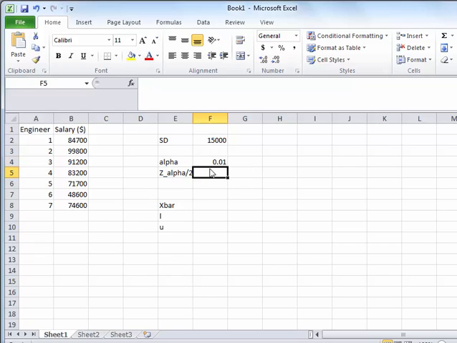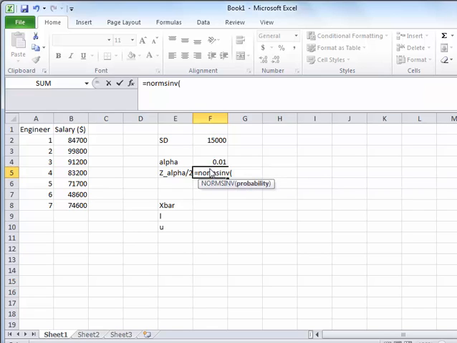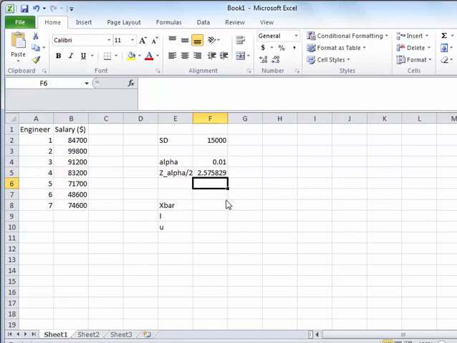So the first thing we need to do is calculate z alpha over 2, and again z alpha over 2 is just the NORM.S.INV of our probability, and our probability is based off of alpha. In our case it's 1 minus alpha over 2. And we get a z alpha value of 2.58.